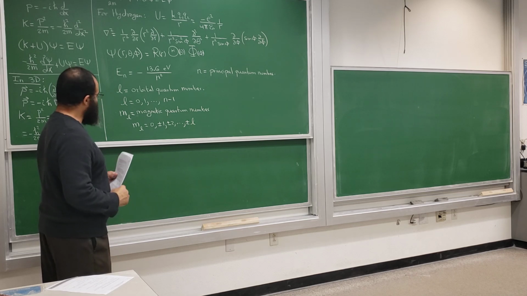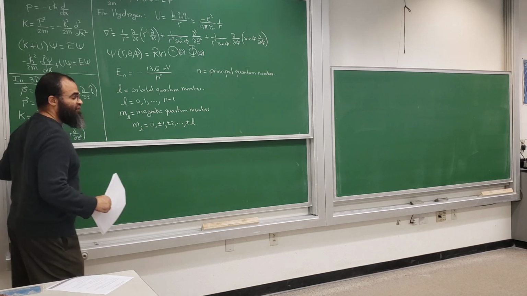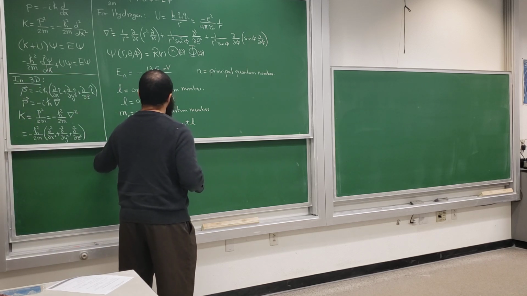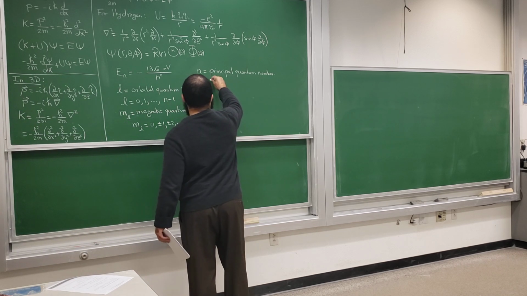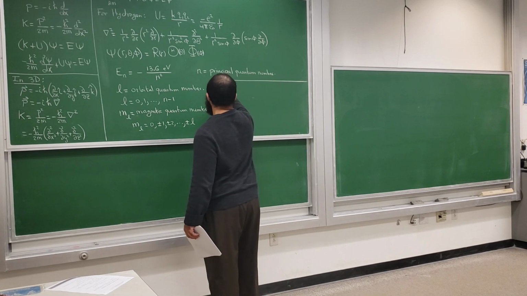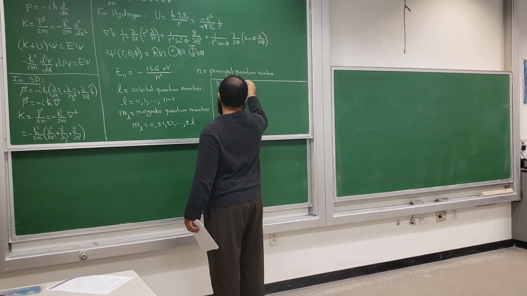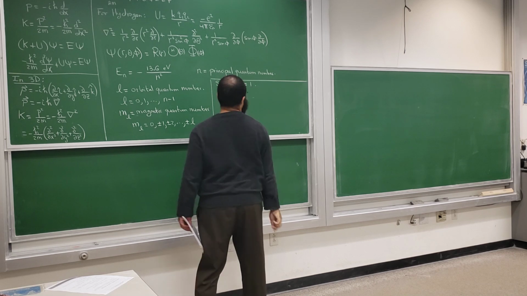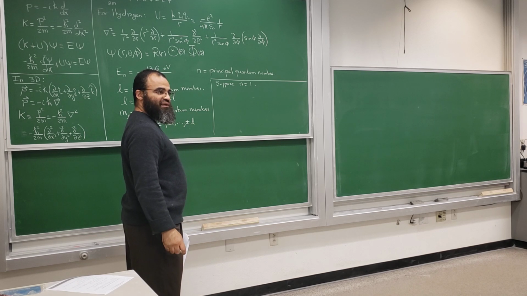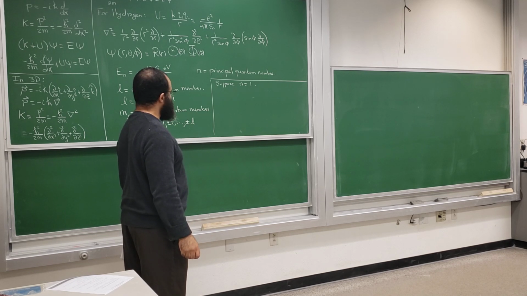So let's do a couple of examples to get the relevance of these, or to get them down. Let's do an example here. Suppose n is equal to 1. What could l be? 0.